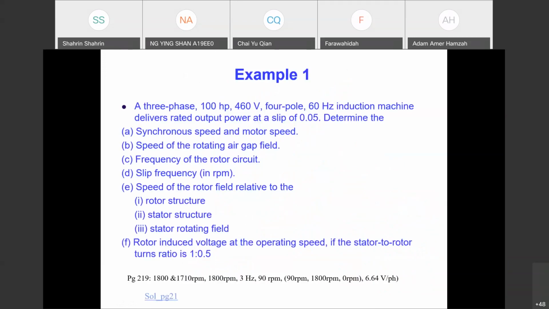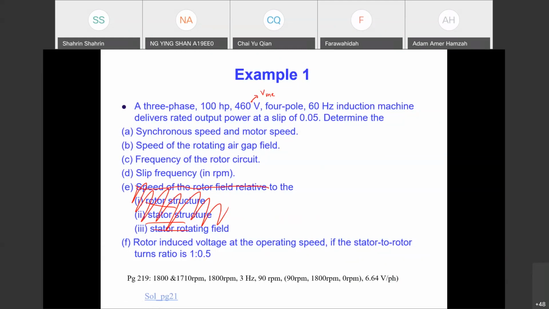Okay, so next, an example which I have already shared with you. A three-phase 100 horsepower, 460 volt. Since this is AC three-phase, usually this one is the V line. Because our plug at home, 240 volt RMS, is not V phase, it's actually V line.